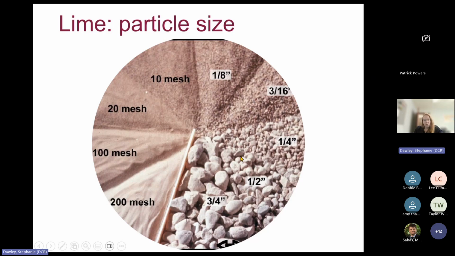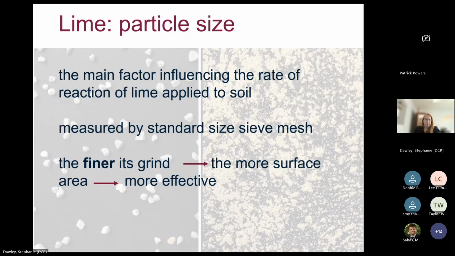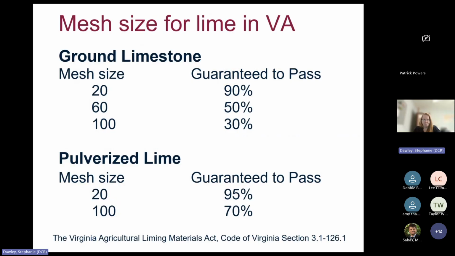This 3/4 or even down to 3/16 or so might take a significantly longer time to break down, but it will stay where you put it. So there are pros and cons to both having fine ground or kind of more cobbly. The finer the grind, the more surface area, which makes it more effective. These are standard size sieve meshes. It's going to be labeled on the bag what that sieve mesh is.